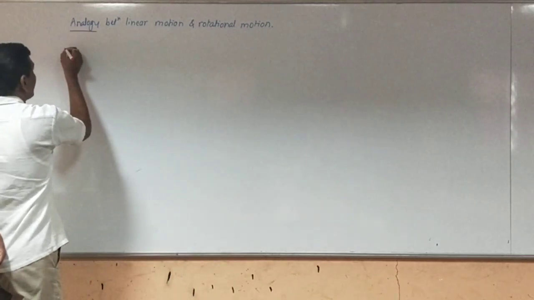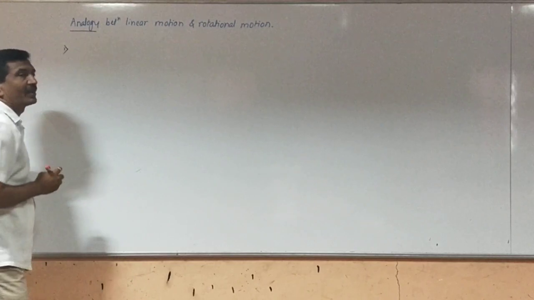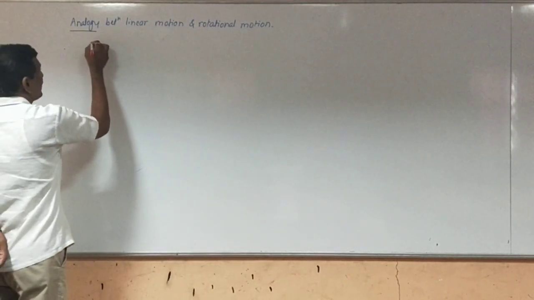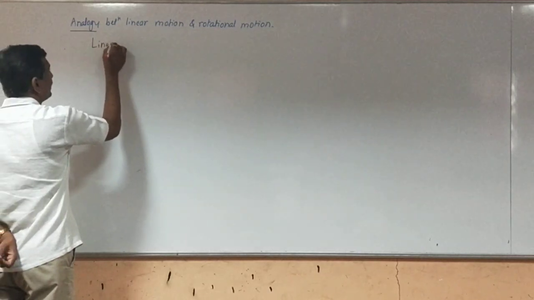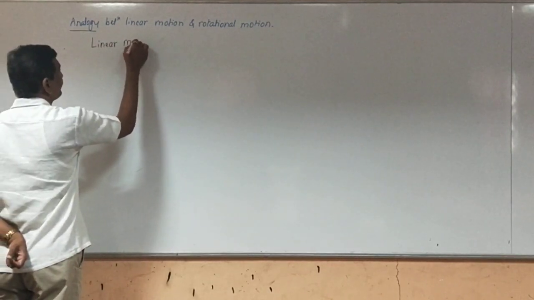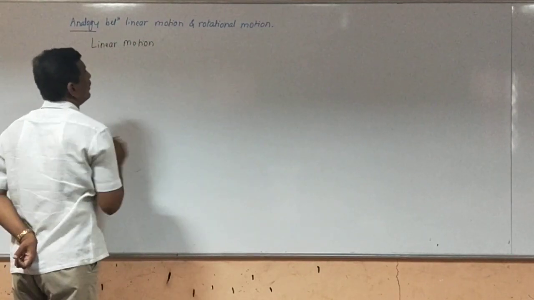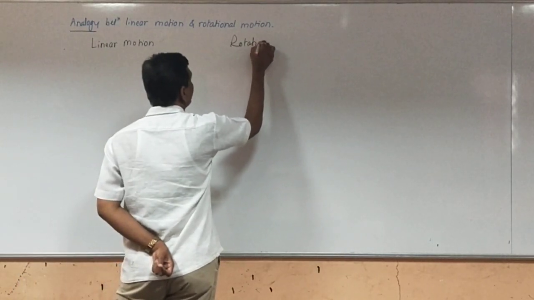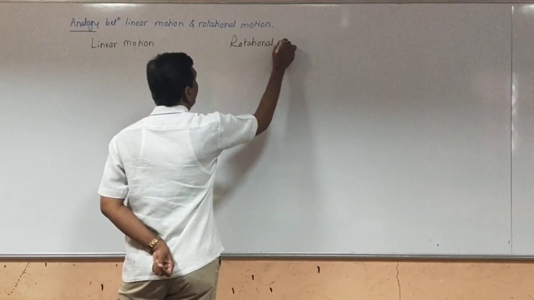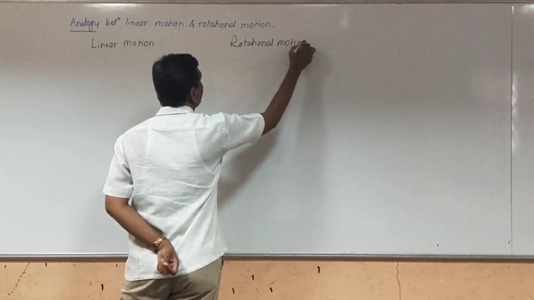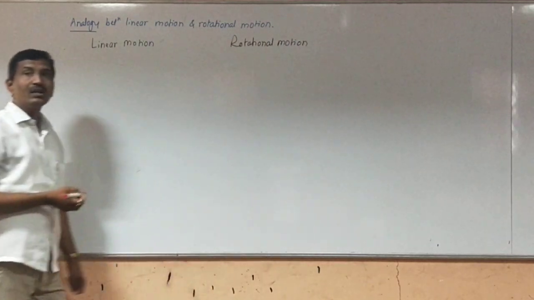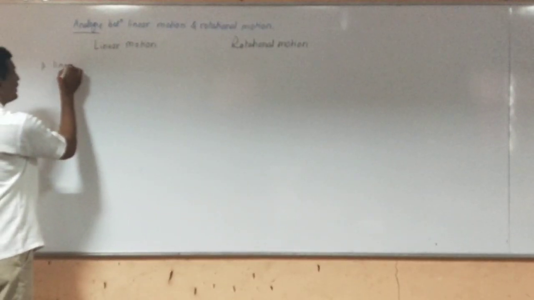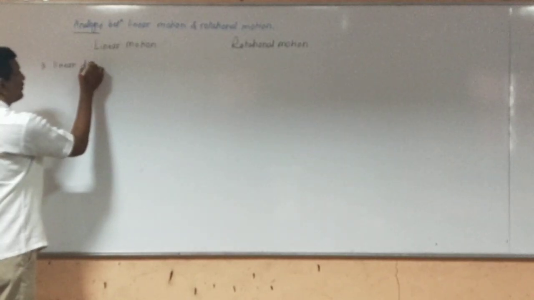So, in this analogy, the first physical quantity is the linear displacement in case of a linear motion, while in case of a rotational motion, the physical quantity analogous to the linear motion is the angular displacement.